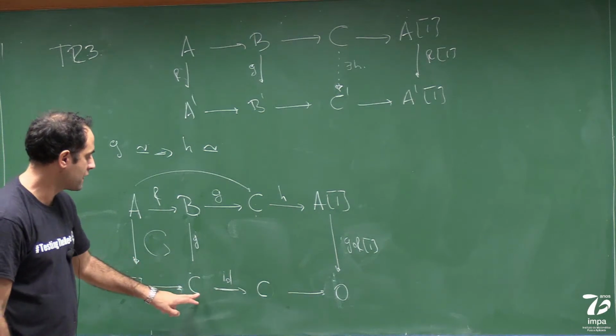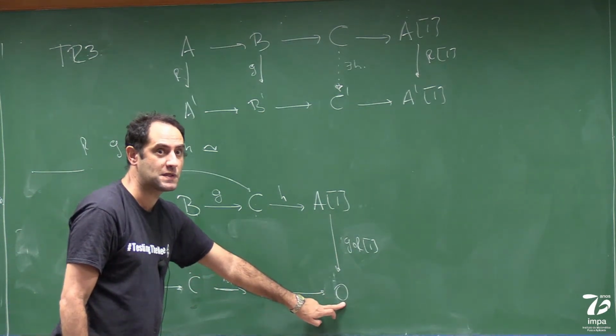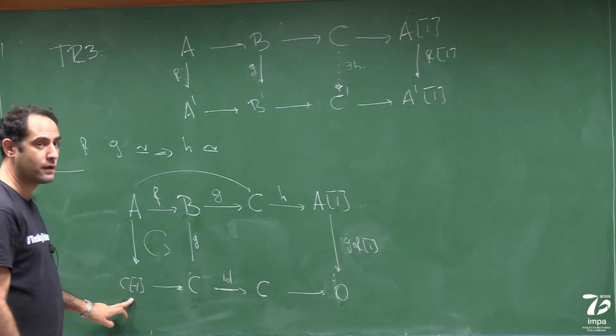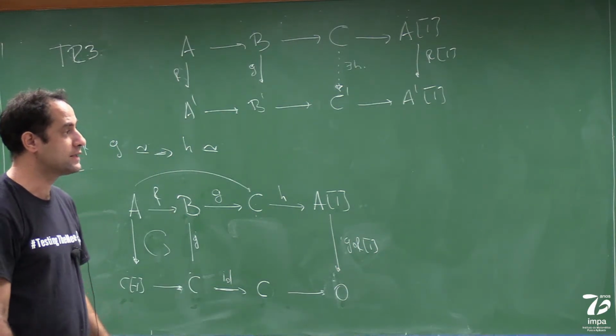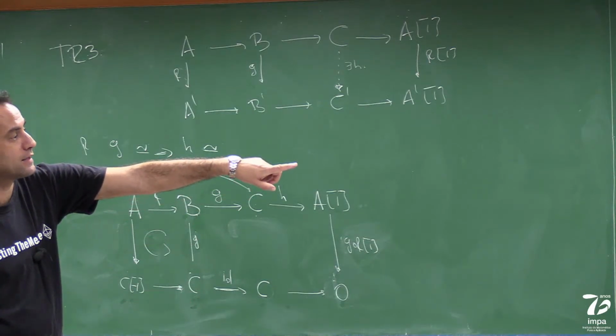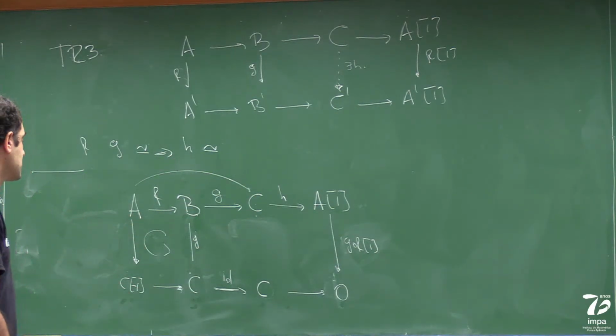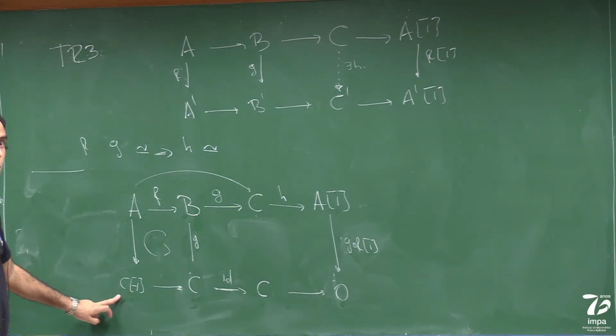But this is distinguished because C to C being the identity to 0 to C shifted by 1 is distinguished. Okay, so I'm just applying that TR2, and I get a distinguished triangle this way. Correct.